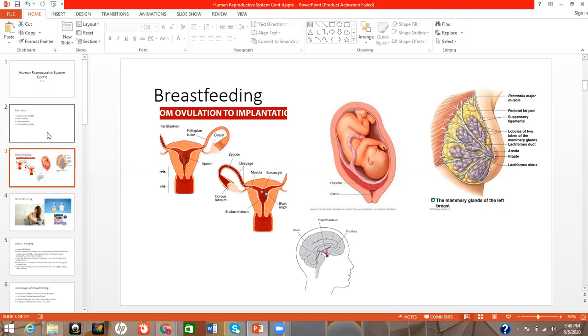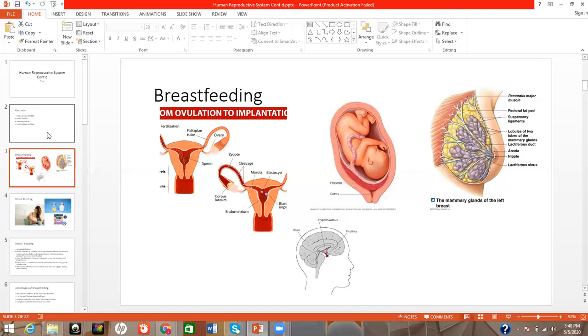Now, if the female was to get pregnant, this corpus luteum will not break down and will continue to release progesterone. The reason this is important is because it would stop a second menstrual cycle from happening, and that basically allows the pregnancy to continue on into full term.